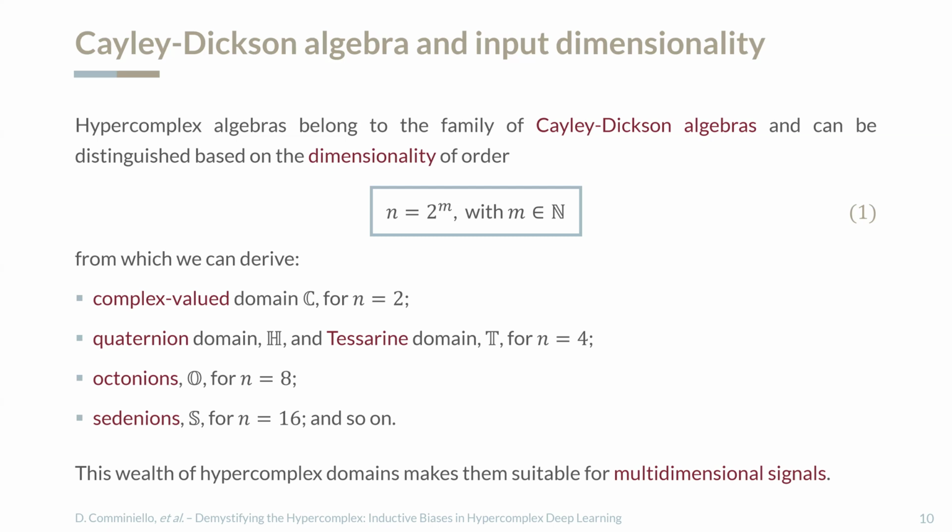And so on. If we have m equal to 3, we can have the dimensionality order of 8, and so we can define the octonion algebra, then the sedenions, and so on. So we have this kind of composition. Hypercomplex algebra is a large container of all these specific algebras, each of which can have their own properties.